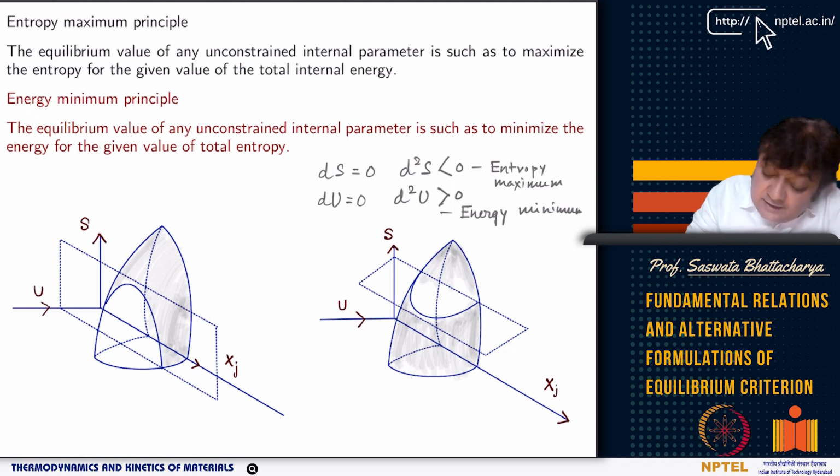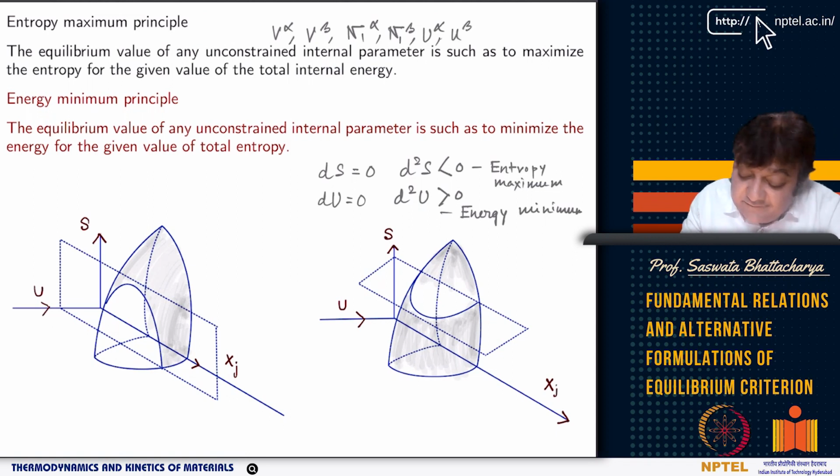The equilibrium value of any unconstrained internal parameter, for example V alpha, V beta, say N1 alpha, N1 beta, U alpha, U beta, if you take two subsystems alpha and beta, is such as to maximize the entropy for the given value of total internal energy.